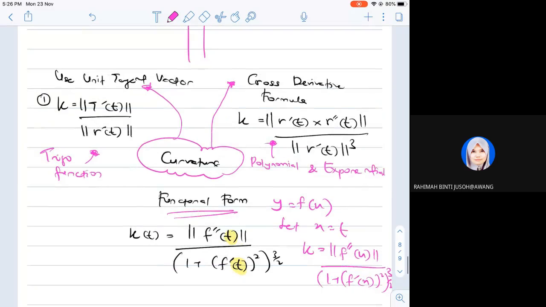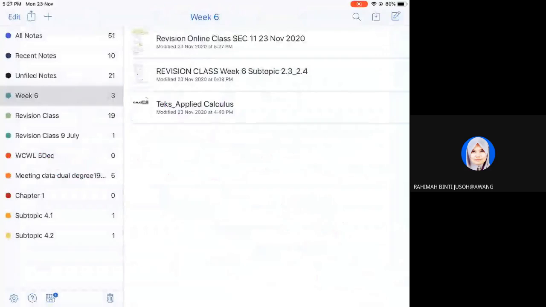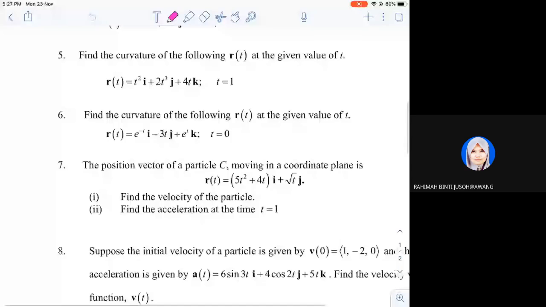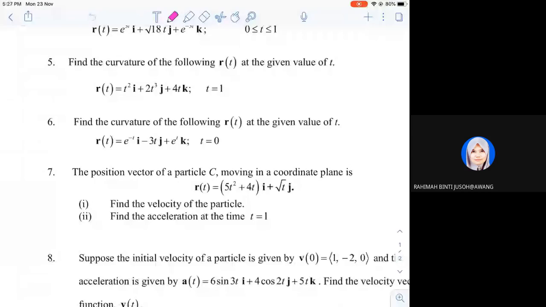But still, you can use either formula. All formulas will give you the same answer, it's just about easy or difficult. So now let's take a look at the questions. Let's do question number 1 to number 5. Number 5 is very simple.